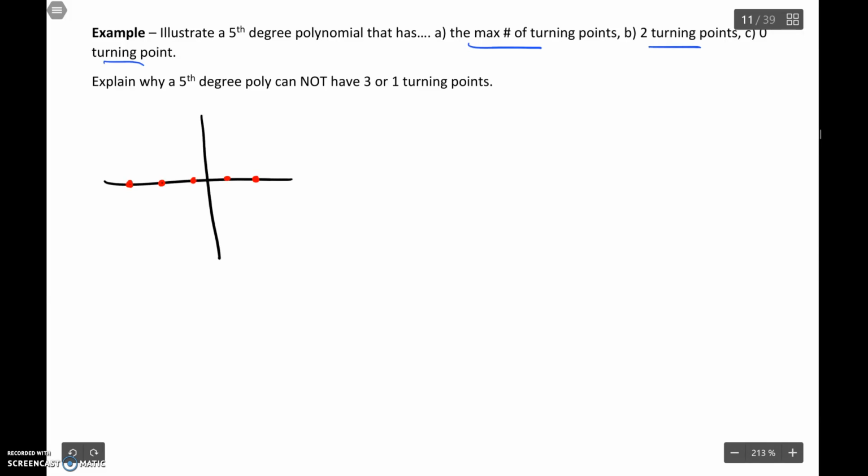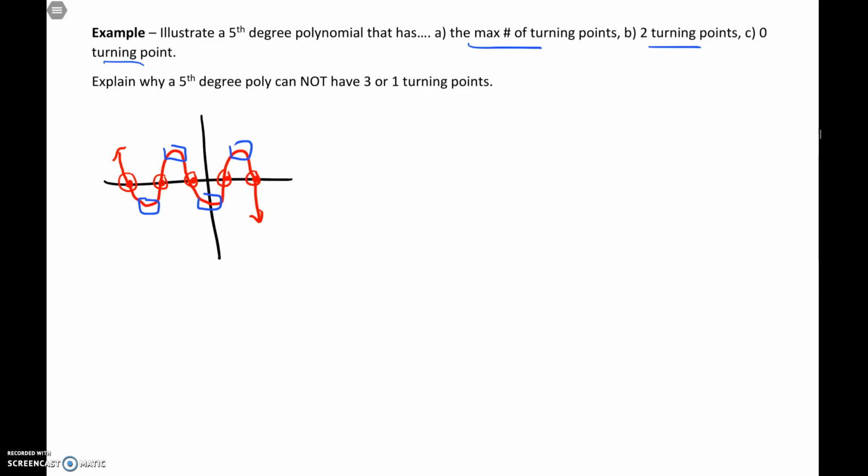So this would be the most simple case where you just linearly cross, something like that. 5 x-intercepts, 5th degree polynomial, and as you can see, that yields 4 turning points. So just in general, 5 x-intercepts will make 4 turning points. So that's the max number. Max equals 4.